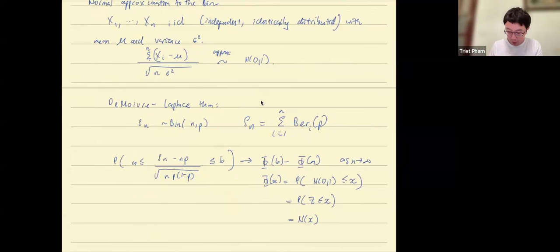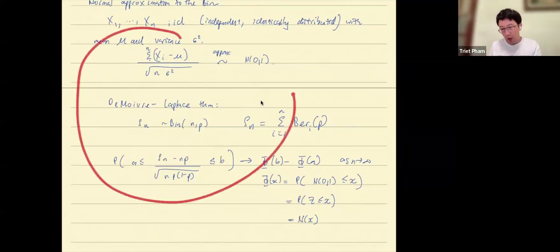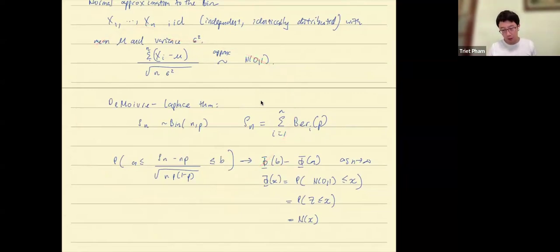And just one word. This is probably why the normal is so popular and overused and abused. The reason is that when you do statistical work, data science work, summing random variables is something that occurs naturally. And when you sum a lot of random variables and you don't know what is going on in terms of density, you would like to say it's the normal distribution, because then you have an idea of how the sum looks.